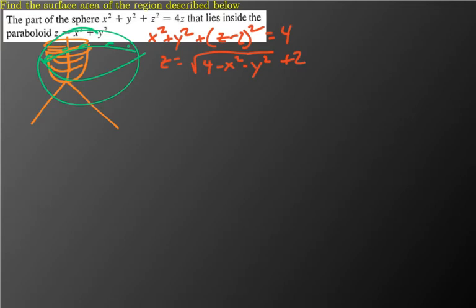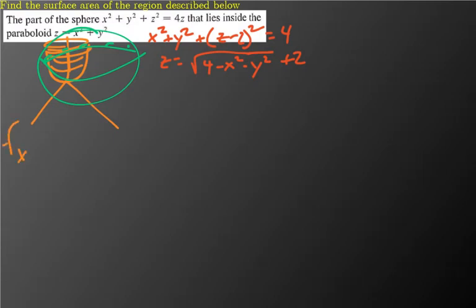It's not really a horrible thing to take a partial of, because the 2 is just going to disappear, and then the derivatives of this part look kind of similar. When you do the chain rule, you're going to have a minus 2x on the top for one and a minus 2y on the top for the other one. So they're very similar looking things.